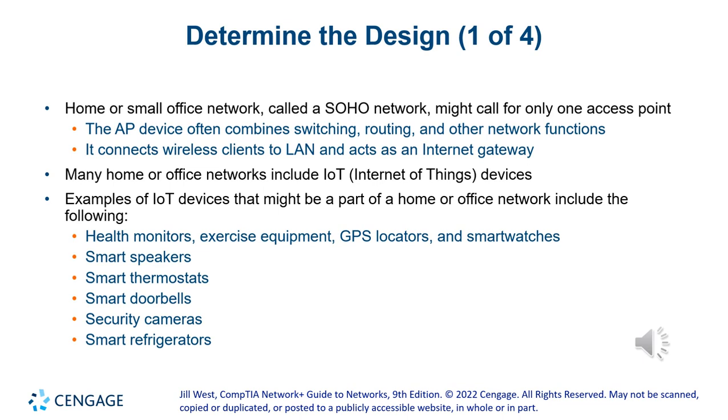It does switching, because you can connect devices at the back of the device provided by the provider, and also does routing, because routing is what connects you from your home network to the outside network. Remember that switching is just within your LAN, which is your own network, but once you get out of your LAN, you need a router. So those devices would have a router built in, which is your gateway to get outside.